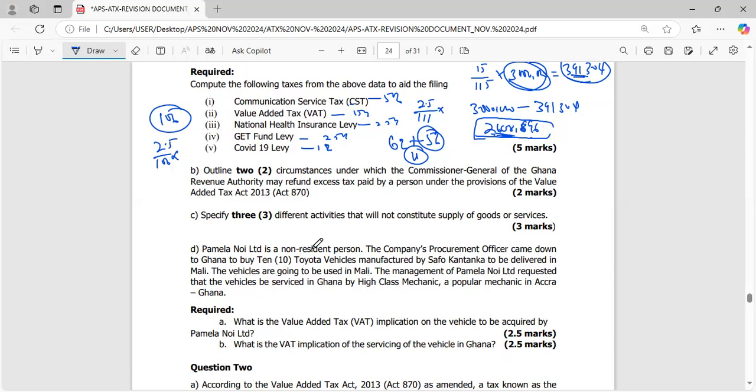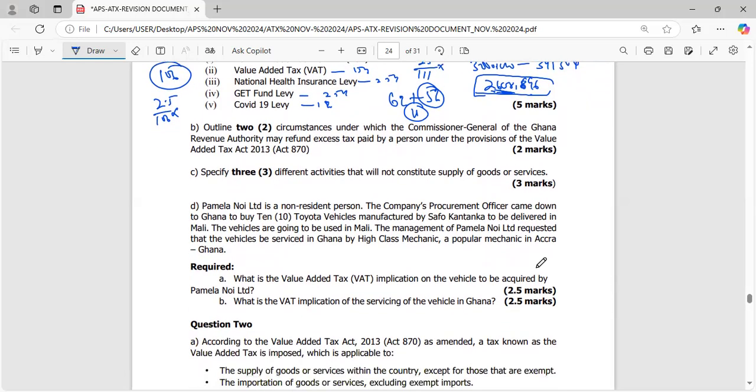State three specific activities that will not constitute supply of goods or services. What are the activities that will not constitute supply of goods or services? One of them is the employee-employer relationship.